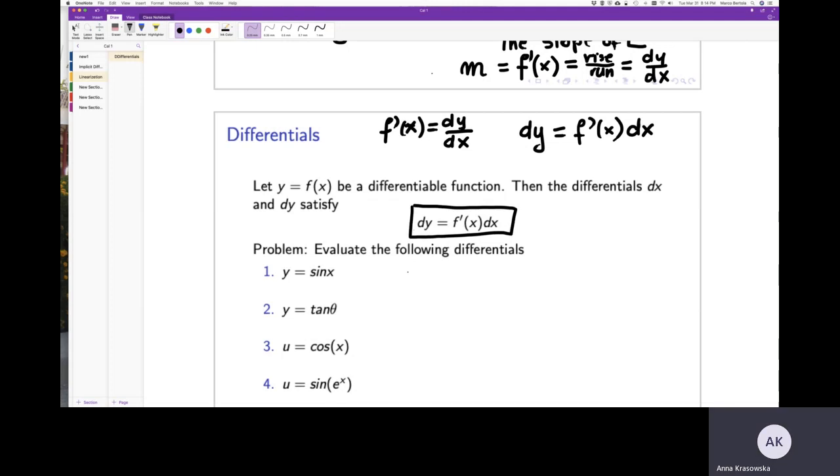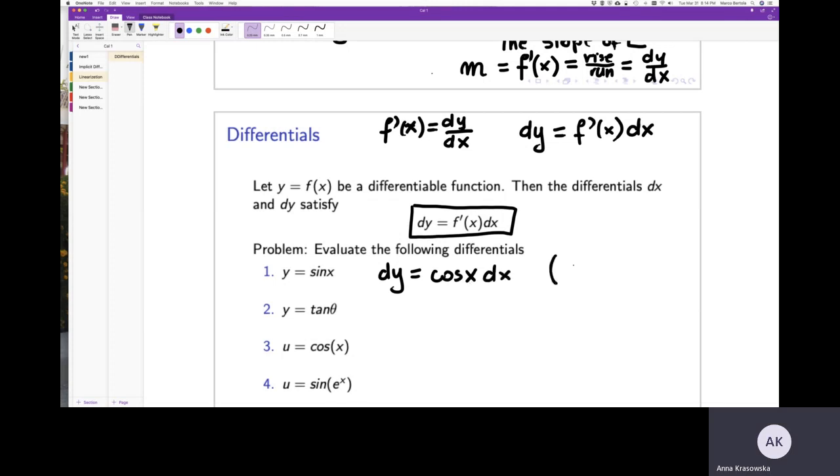Before we go more into the meaning of the differential, let us just use that formula to find differentials. So if y is equal to sine of x, dy is equal to cos of x, f prime of x, times dx.